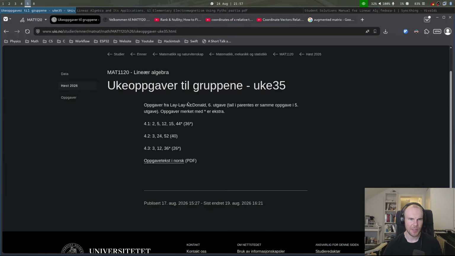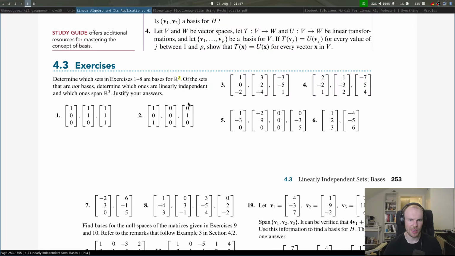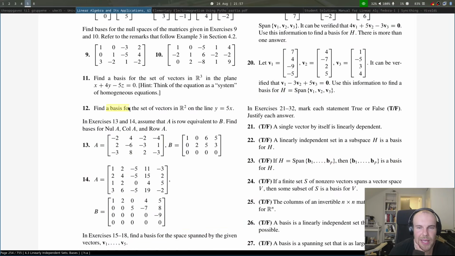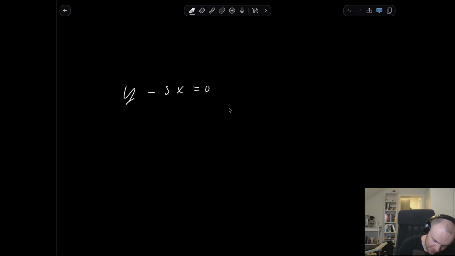Okay, the next was 12. So let's see, task 12. Find a basis for the set of vectors in R2 on the line y is equal to 5x. There's a lot of ways of doing this. You can just see it, but you can also say that y minus 5x is equal to 0. And now you suddenly have a null space. You suddenly now have an A, where A is just 1, minus 5, like that.